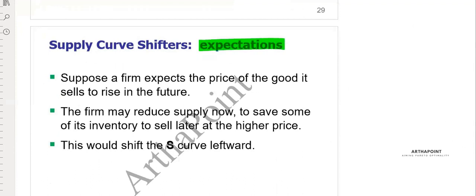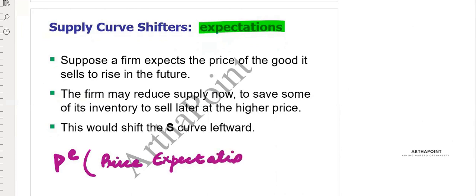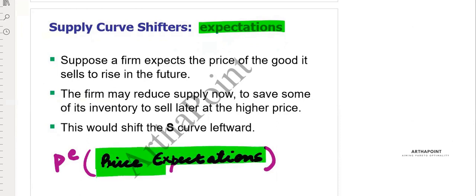Expectations. Now, please understand this. The price expectation is denoted by PE, which means price expectations: what price you are expecting for any of your products.